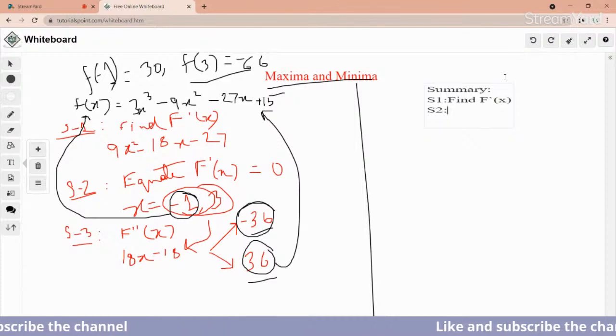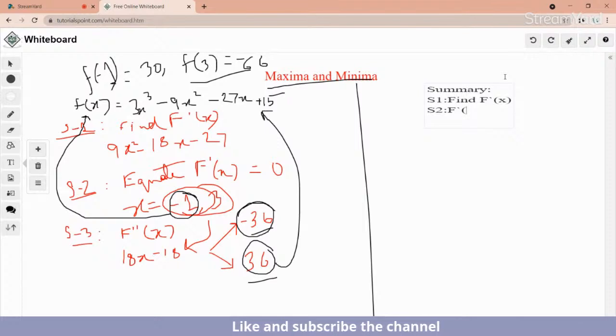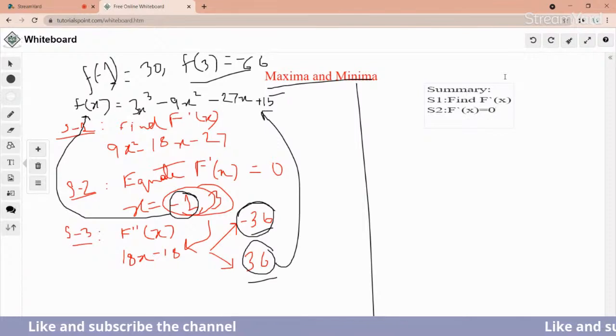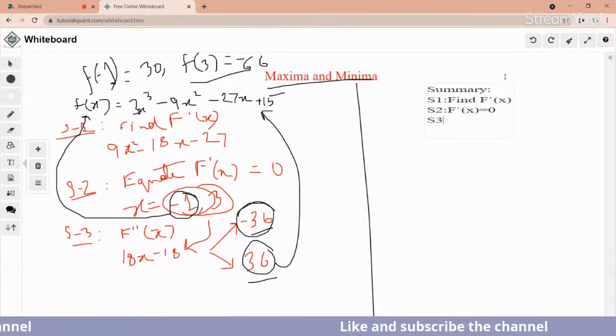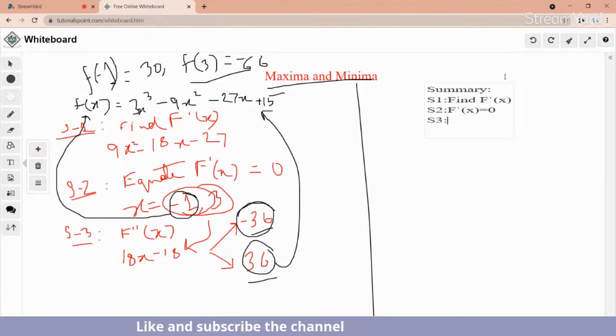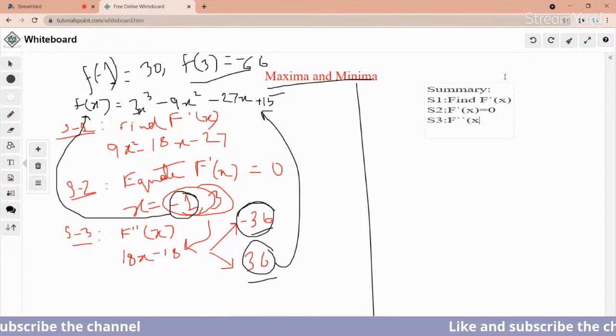Step 2. Equate this with 0 and find out the values of x. Third and the final step, find the double derivative of the polynomial.